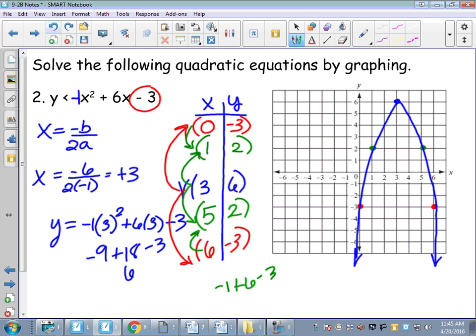I look at my inequality. And so it's going to be broken.